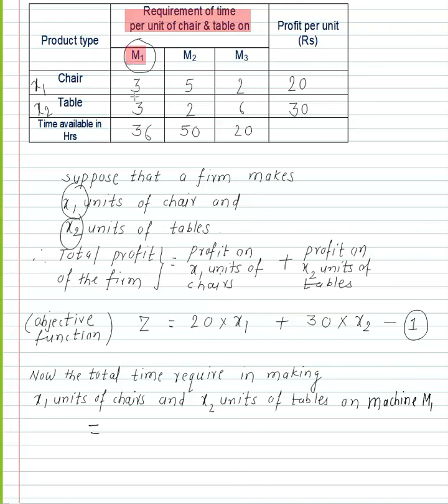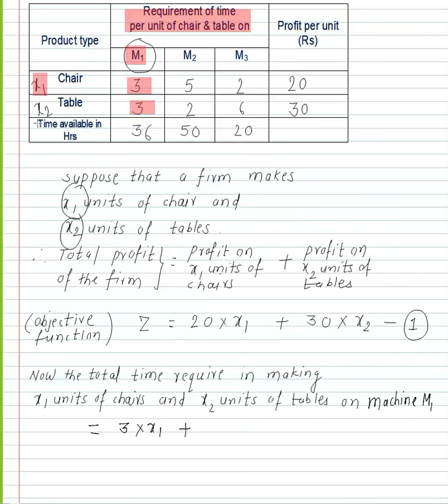Each chair requires 3 hours on machine M1, so x1 units will require 3 into x1 hours, plus each table requires 3 hours on machine M1.